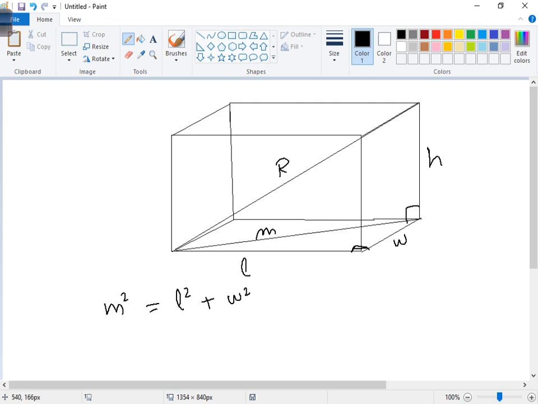If we call the longest length in the cuboid r, then r squared is equal to m squared plus h squared, and a lot of exercises are about that.